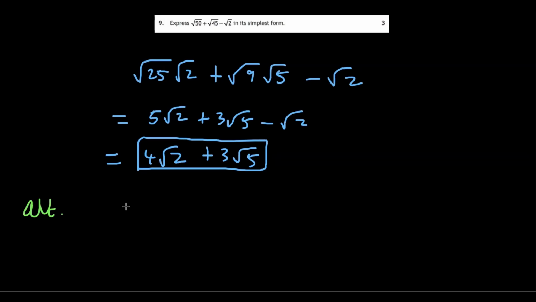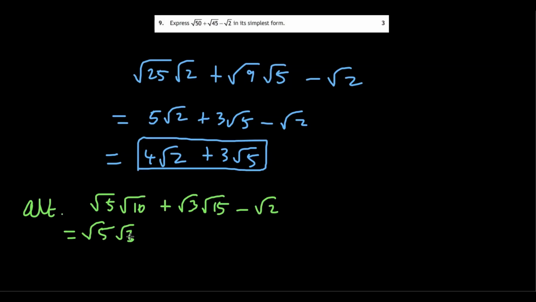So we can write root 50 as root 5, root 10, and then root 45 is root 3, root 15. And that becomes root 5, root 2, because 10 is 5 times 2. This becomes 5 times 3, so root 3, root 5, root 3, and then minus root 2.